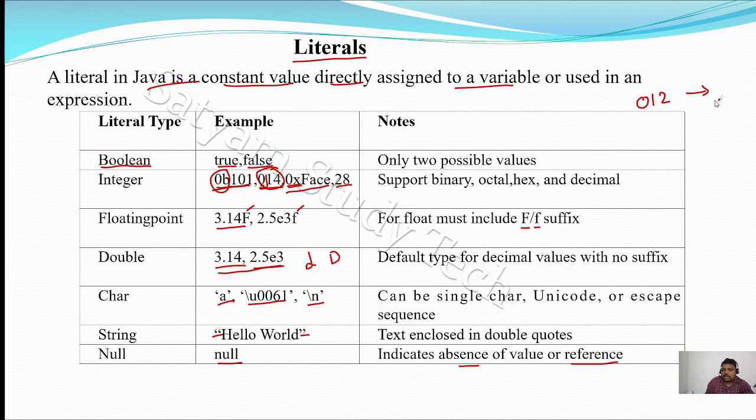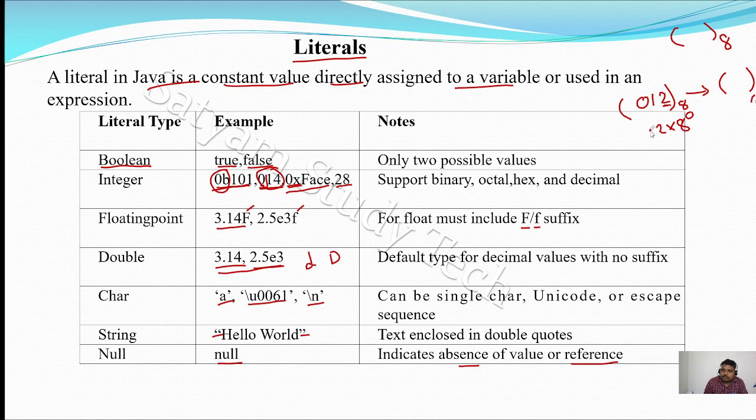It prints the decimal number. Octal base is 8, so this is converted into a decimal number. How does it convert into a decimal number? You can see the first value is 2, so 2 into 8 power 0, because here the base is 8. That is converted into a decimal value; the base is 10, digits 0 to 9.